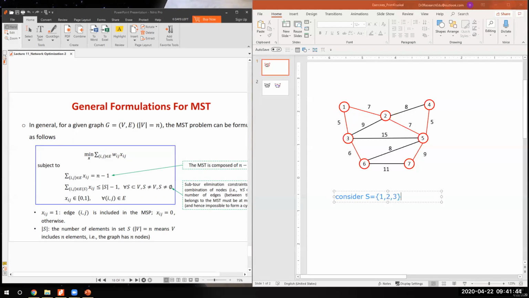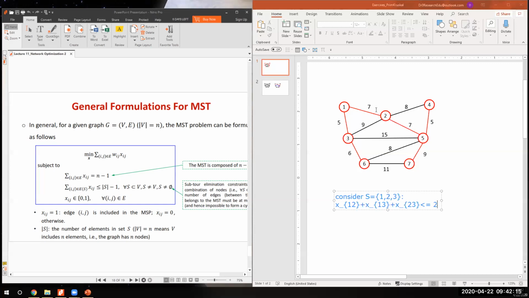Then you have x12 plus x13 plus x23 is less than or equal to 2, right? This tells you that among these three edges, 1-2, 1-3, and 2-3, you must select at most 2 edges.